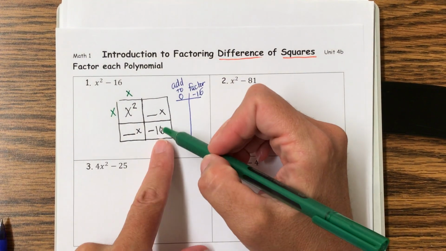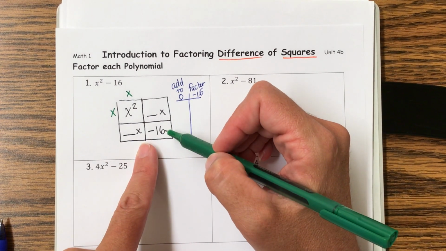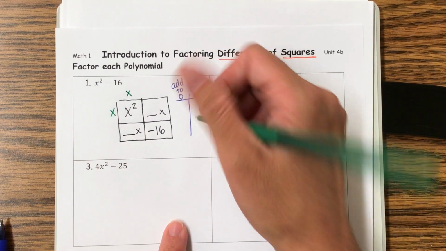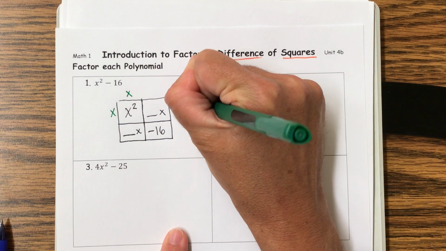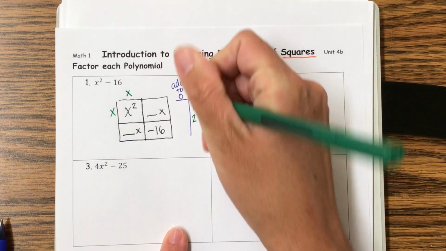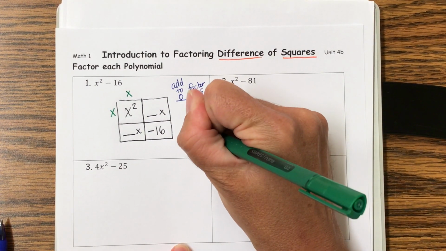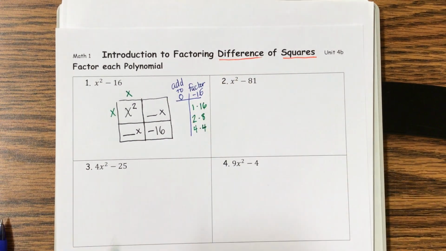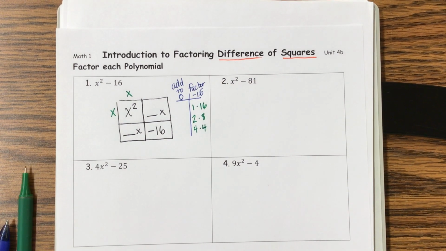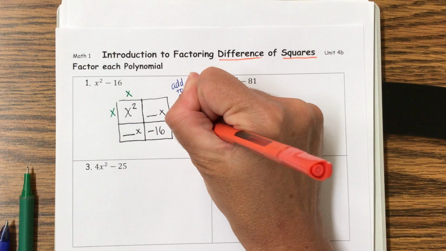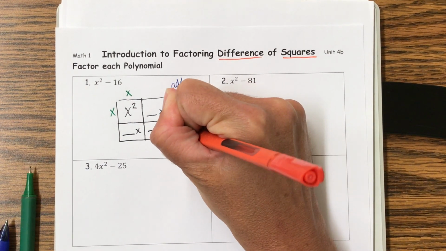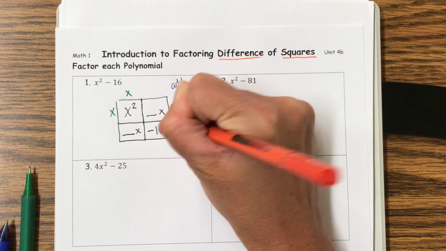So factors of 16: 1 and 16, 2 and 8, 4 times 4. So what's going to be my only set that I can put together to add to 0? Well, that's easy. 4 minus 4.